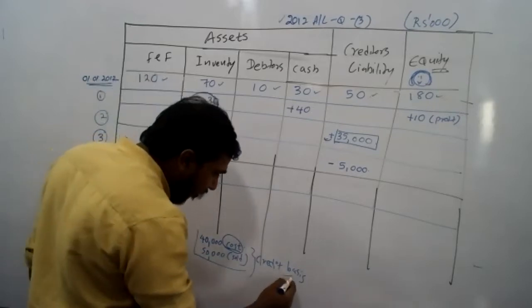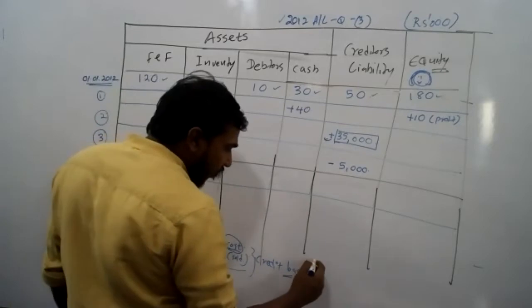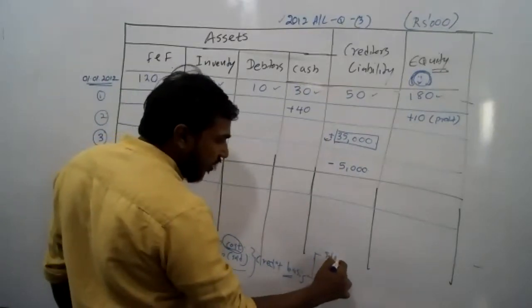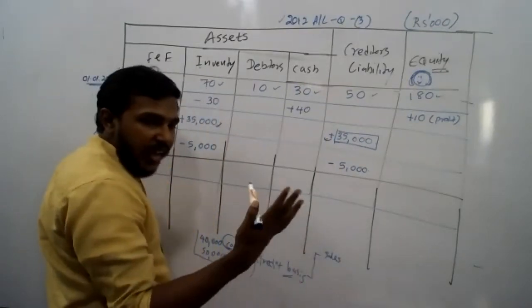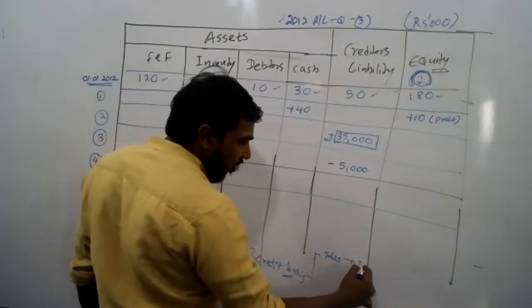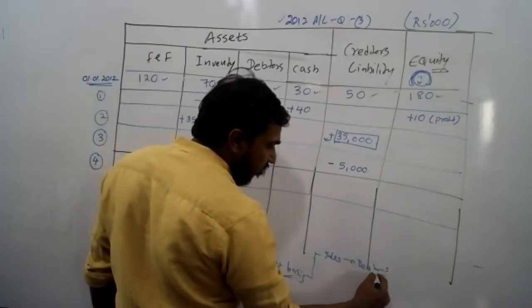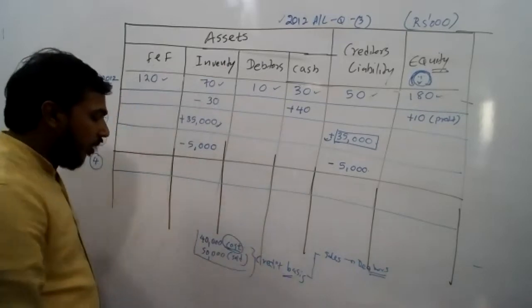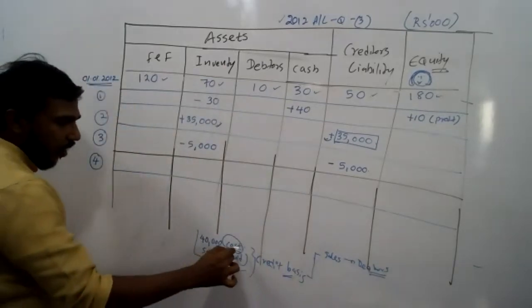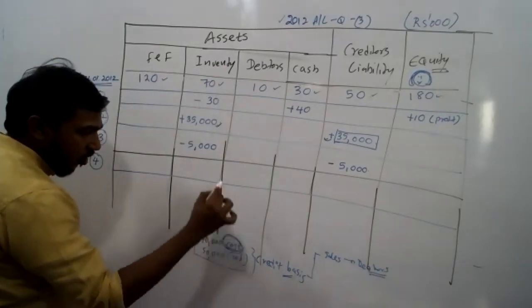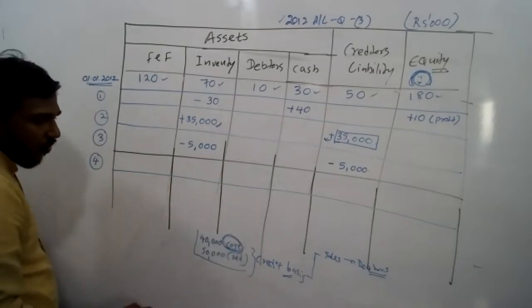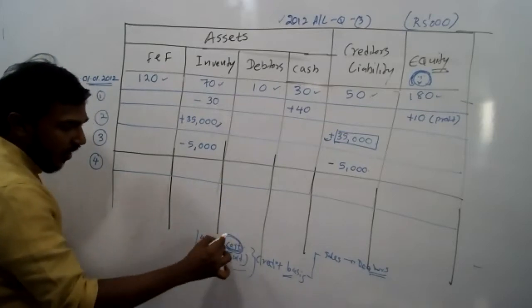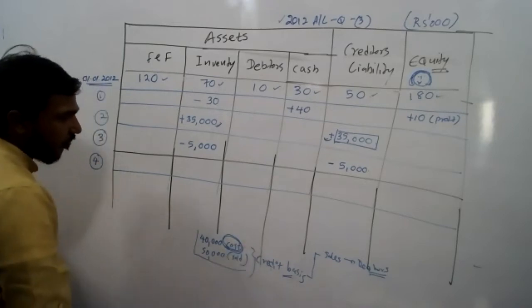But on credit basis. Can you remember, if it is credit basis sales, you don't increase cash, you get a new asset which is called debtors. Now look here. Stock 40,000. That means you are going to sell 40,000 stock for 50,000 on credit basis.